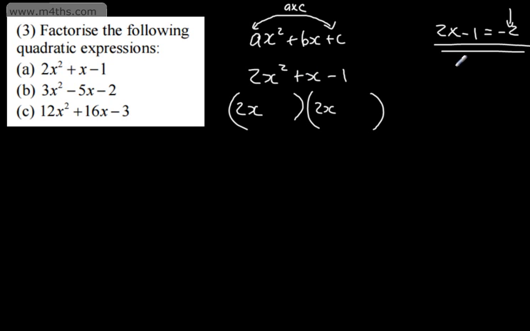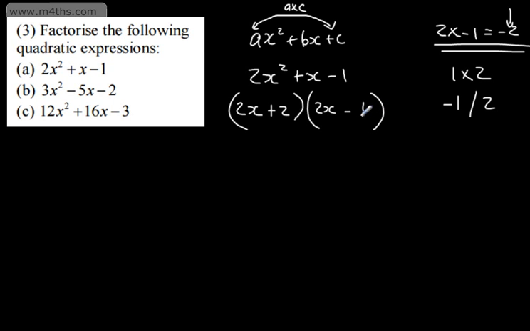It's going to be negative 1 and positive 2. So the reason I chose positive 2 is this number is plus. If it was a negative, then we'd swap these over. What I'm going to do here is put plus 2 and minus 1.